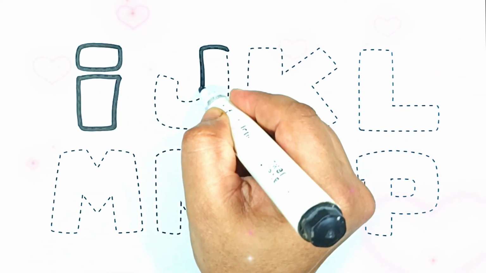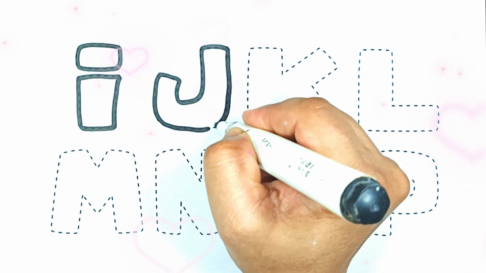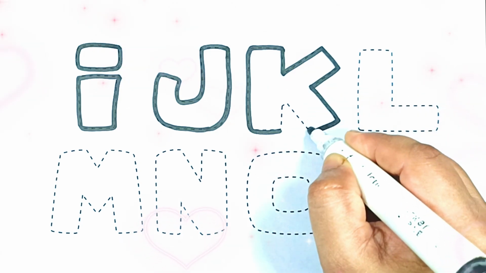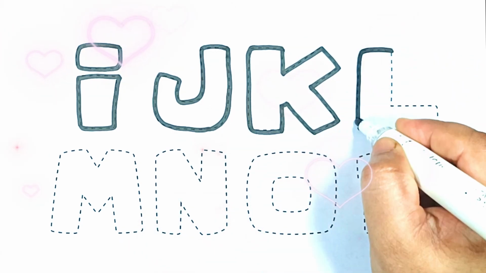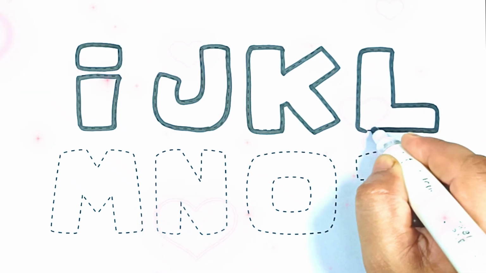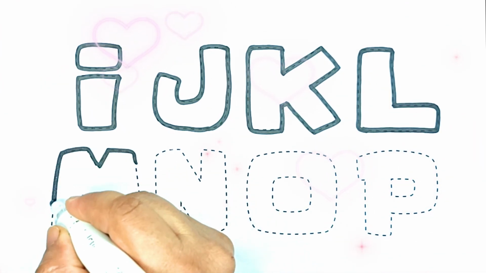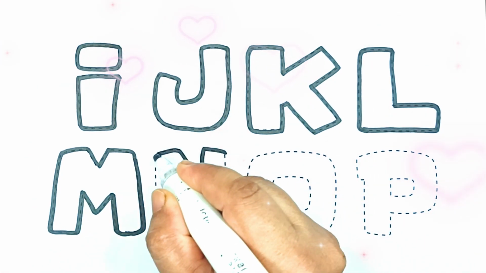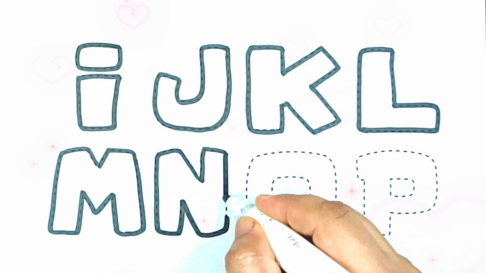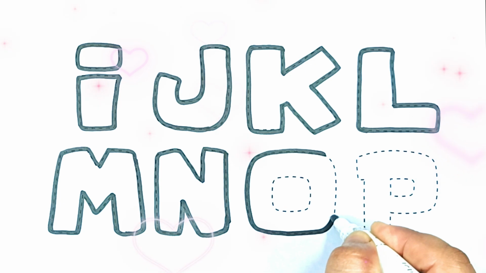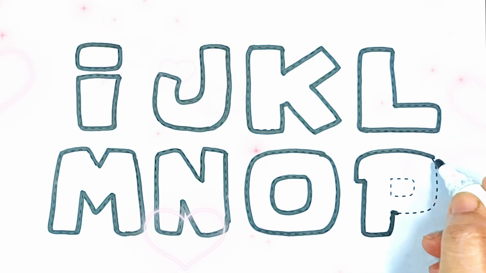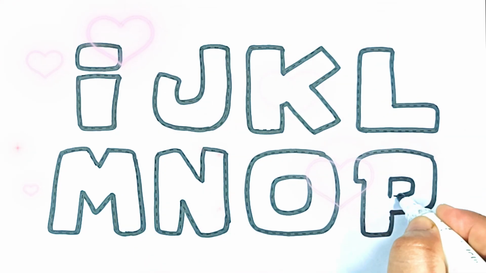I, J, K, L, M, N, O, P. Let's learn some color names.